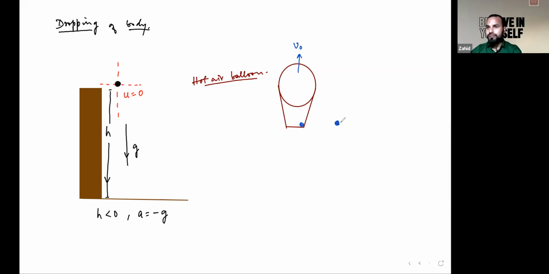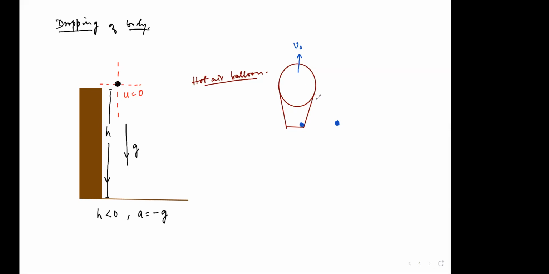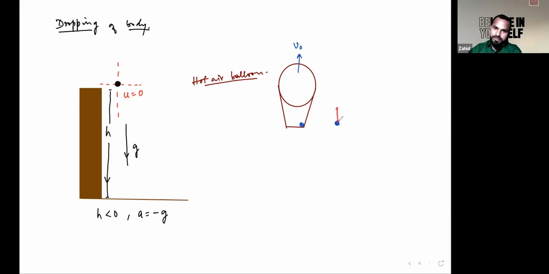So this object must have velocity equal to the velocity of the system of which it was a part. Is it clear? Yes, sir. So it will have some initial velocity v0 in which direction? In the upward direction, due to which it will move to some height and then return back to the ground.